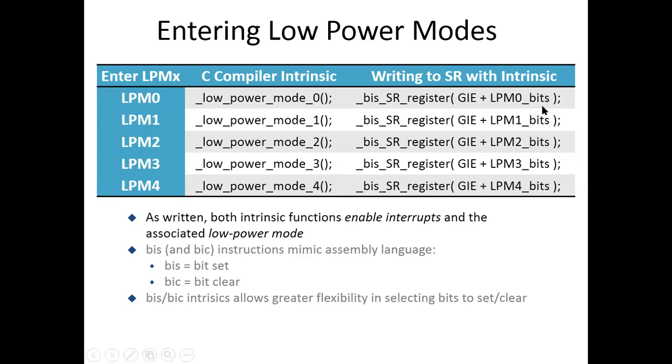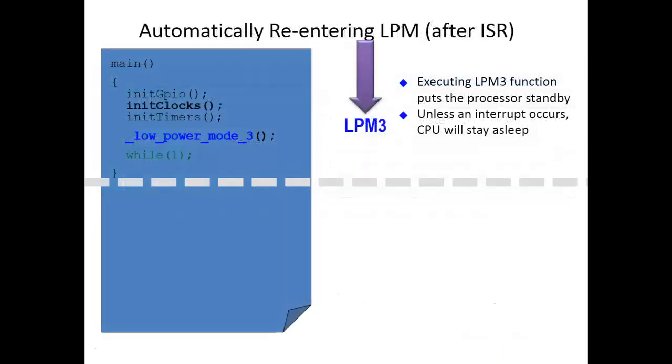Whenever I say low power mode 0 bits, internally it is defined as CPUOFF equal to 1. Similarly for the other low power modes, CPUOFF is 1 and the next one, SM clock, is also going to 1, that is, the oscillator is also going to 1. In this way, the respective low power modes internally contain the respective flags. These are set by using BIS SR register within parentheses GIE plus low power mode underscore bits. So in this way, we enter into the low power modes.